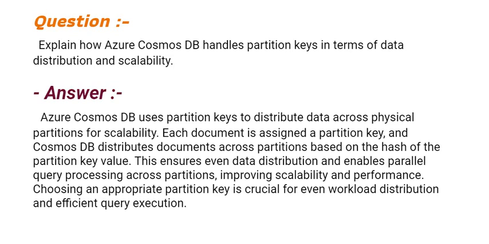Each document is assigned a partition key and Cosmos DB distributes documents across partitions based on the hash of the partition key value. This ensures even data distribution and enables parallel query processing across partitions, improving scalability and performance. Choosing an appropriate partition key is crucial for even workload distribution and efficient query execution.